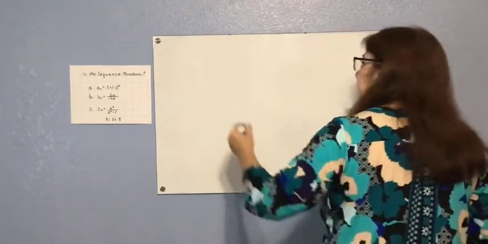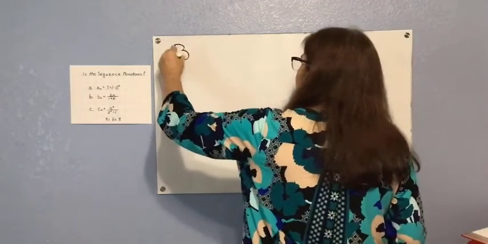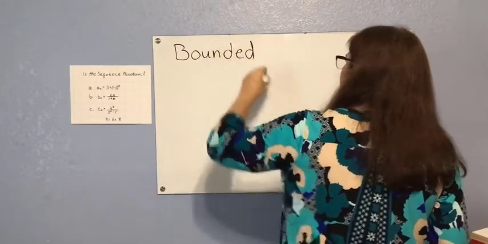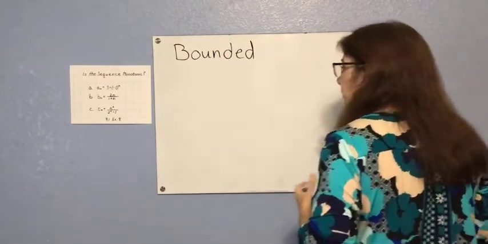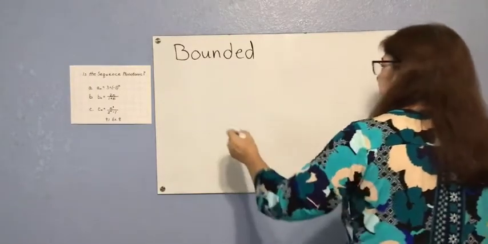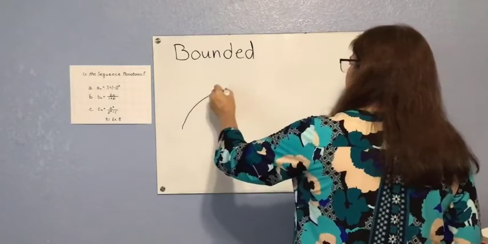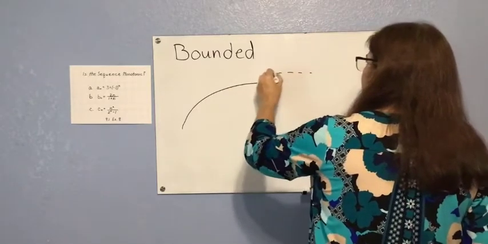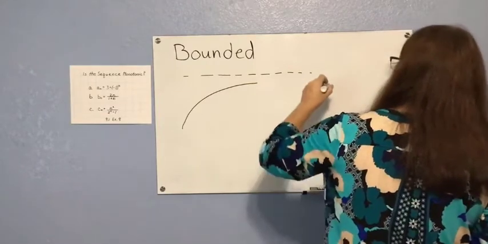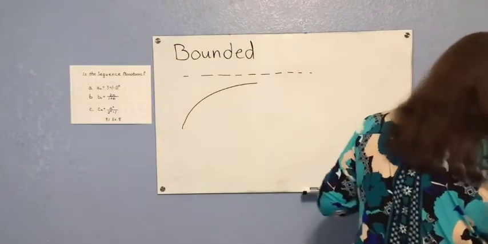The other concept we need to think about is boundedness. For a sequence to be bounded is just what it sounds like. Okay, the sequence comes up and it approaches some limit like an asymptote. It is bounded above.